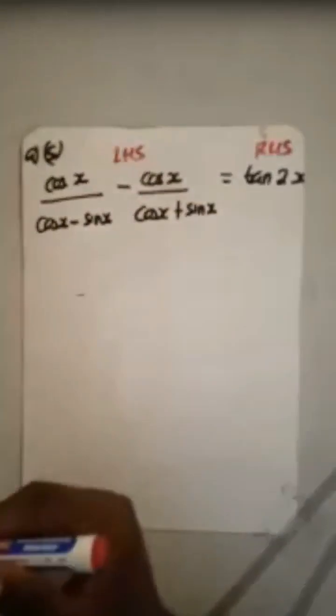Okay, so if we check, we have the left hand side and the right hand side. The most complicated one is the left hand side, so we have to work the left hand side until it is the same as the right hand side.